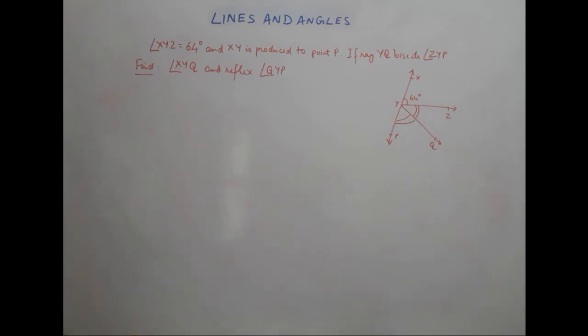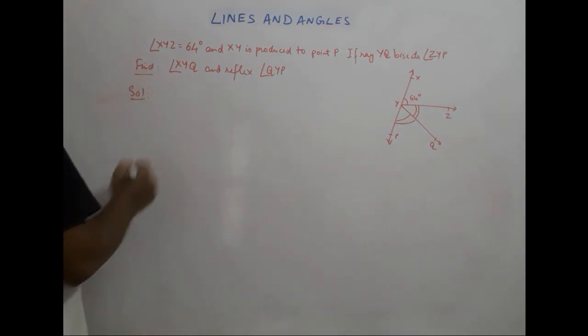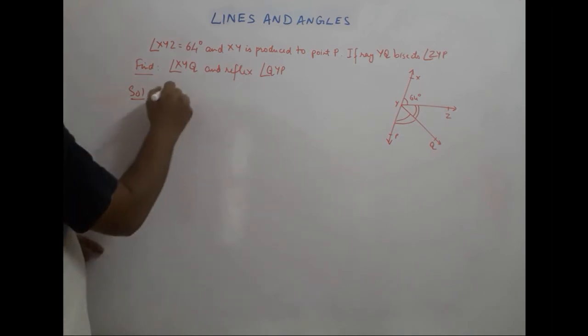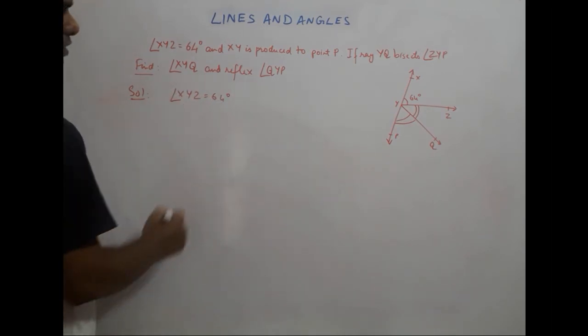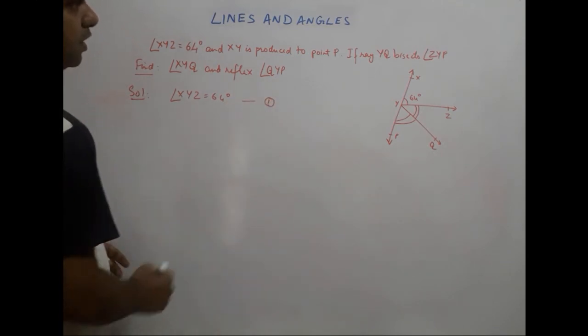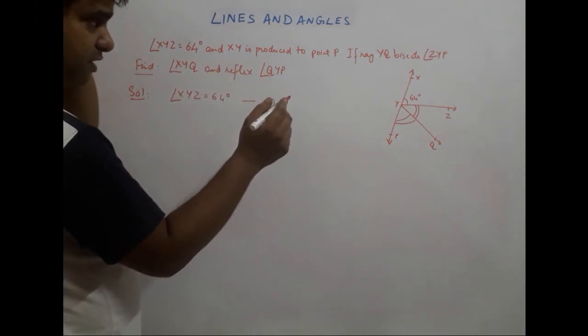Let's begin once again with what we have been given. Solution: we are given angle XYZ equal to 64 degrees, mark that as 1, and we are given ray YQ bisects angle ZYP.